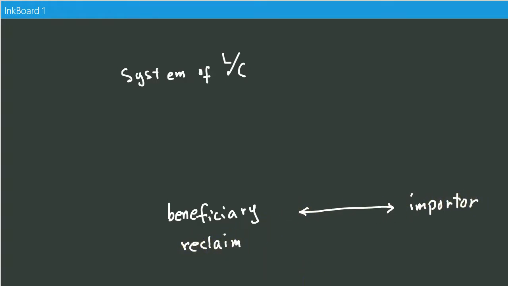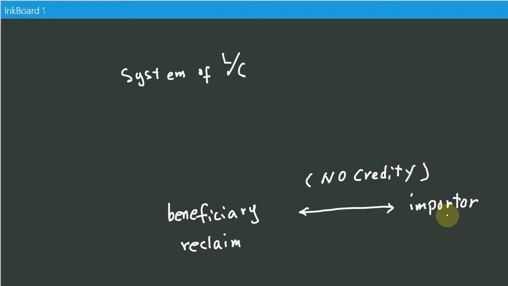If there were no LC system. But in the LC system, because there is no credit between two parties, sometimes most of the parties do not know each other completely. In this case, we call it no credit between two parties.